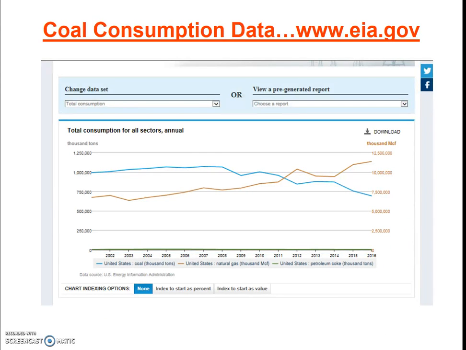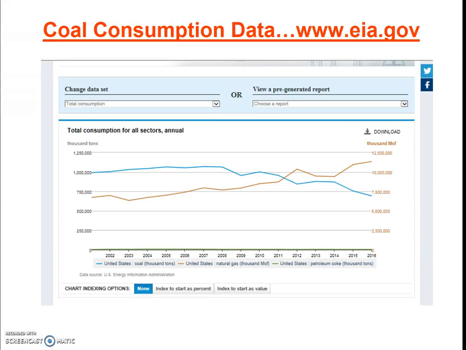Check out the blue line on this graph that I created from the Energy Information Administration. It shows coal consumption in the United States over time. It started to go down considerably in 2008 and then dramatically plummeted around 2014.